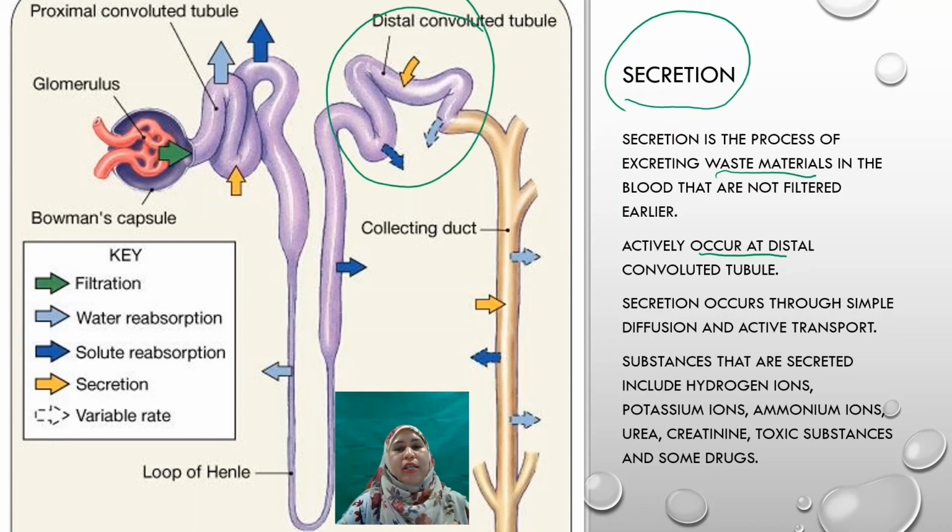Secretion occurs through simple diffusion and also active transport. The substances that are secreted from the blood capillary into the distal convoluted tubule include hydrogen ions, potassium ions, ammonia, urea, creatinine, toxic substances, and also some drugs.